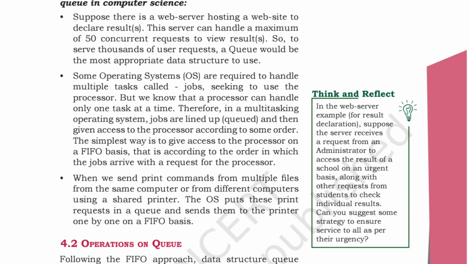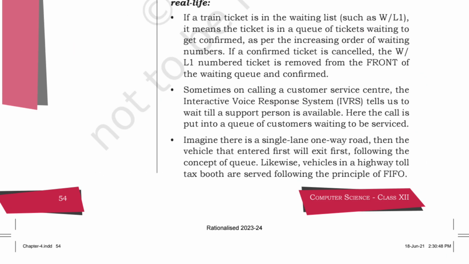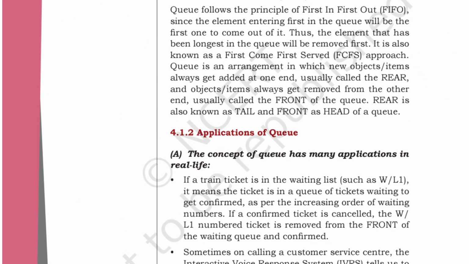Now I already taught you about the rear end and the front end. What is the rear end? A queue is an arrangement in which new objects or items always get added at one end, usually called the rear end.